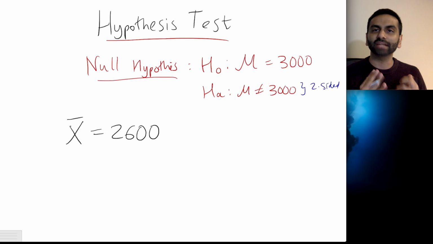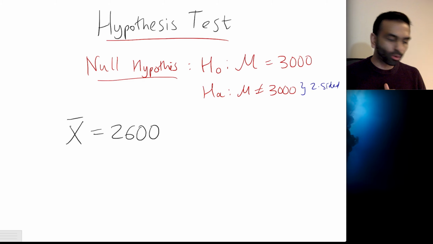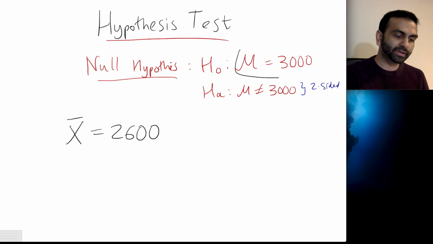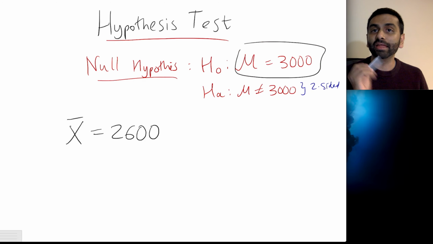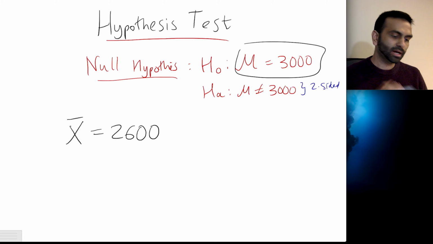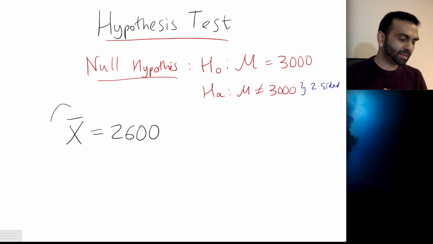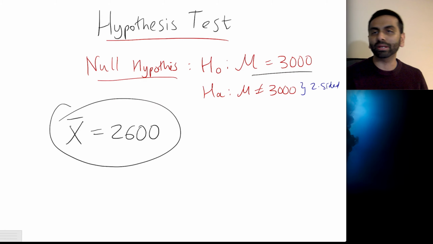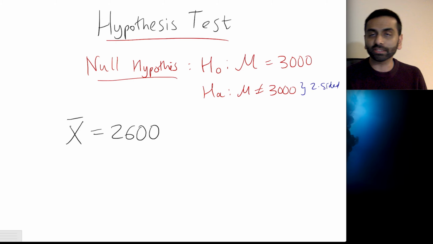So here's the logic of this. If your sample value is far enough from their guess, from the null hypothesis, then you reject the null hypothesis. So again, you make a guess, you collect a sample value, and you compare the two, and if it's far enough, you reject. So then the million-dollar question: how do you know if what you got is far enough from this?